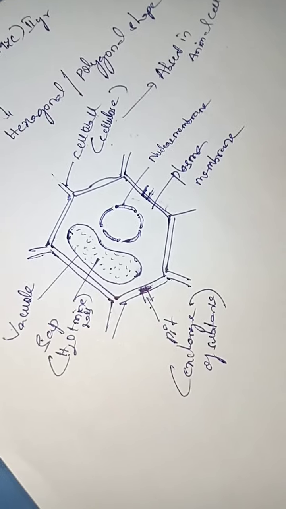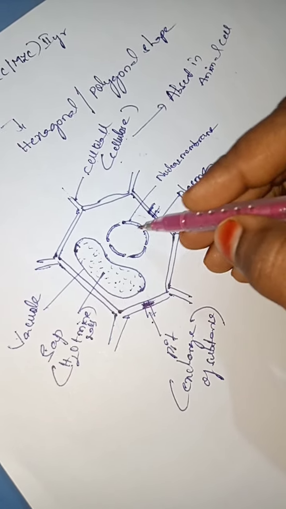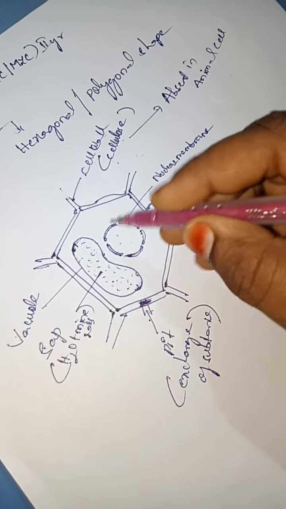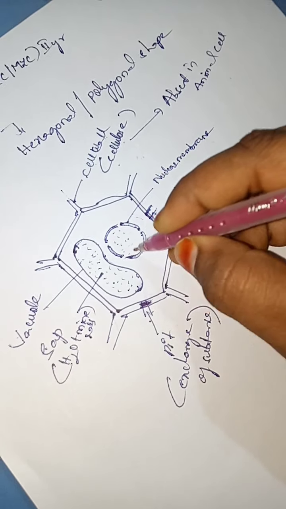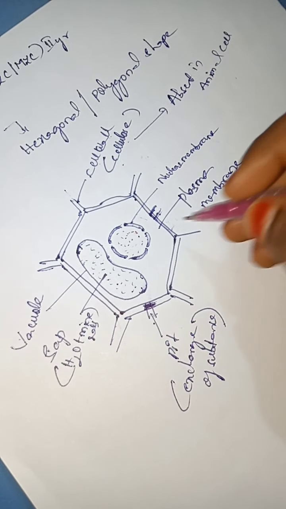Inside the nucleus, as in the animal cell, the nucleus is filled with a jelly type substance called nucleoplasm.